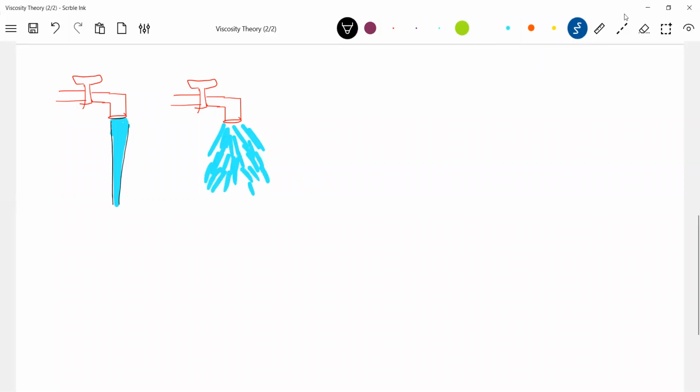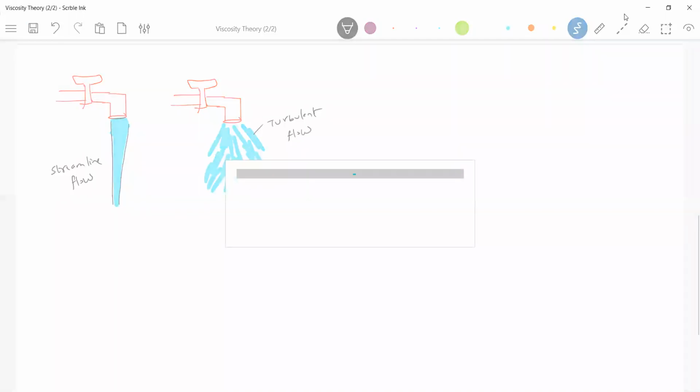This is turbulent. Okay, fine, these are the several examples.